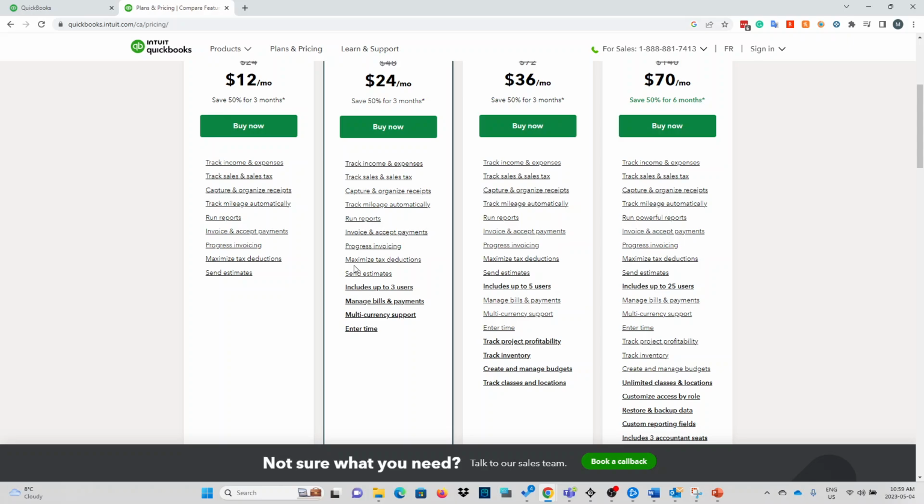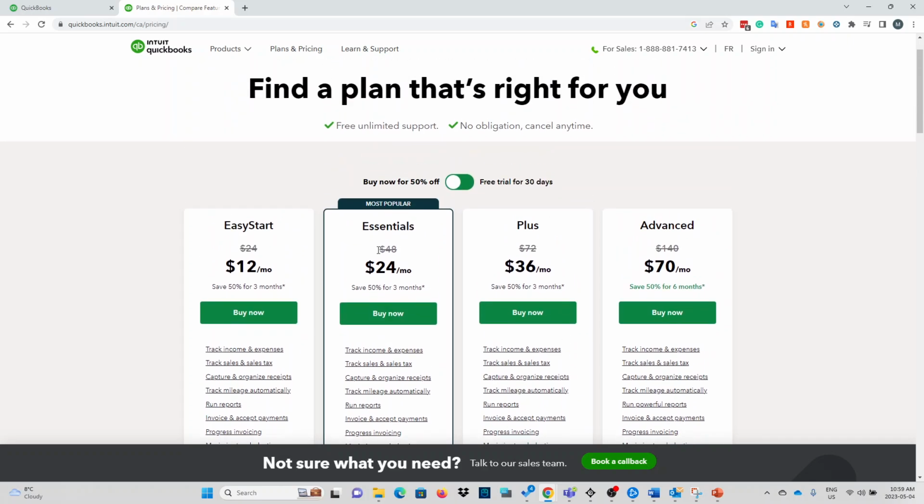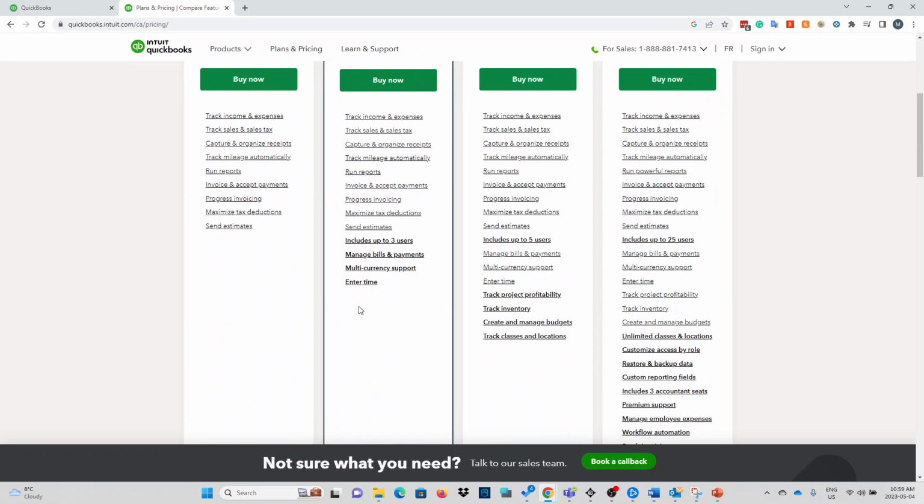If you're doing business overseas, receiving or sending a lot of USD, spending on a credit card in USD, buying or selling stuff in USD, or if you have a separate USD account, in those cases you want Essentials, not Easy Start.